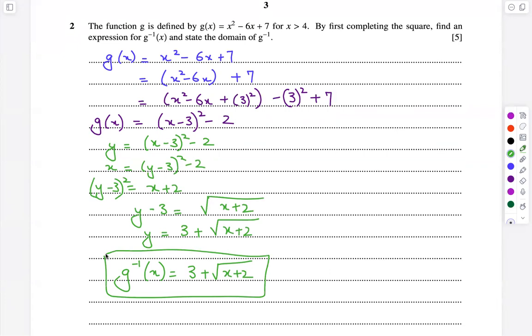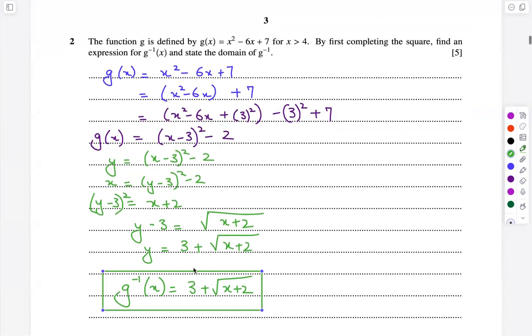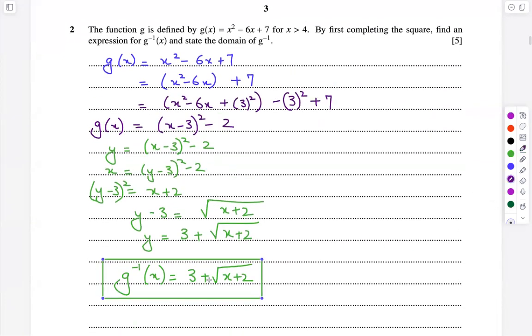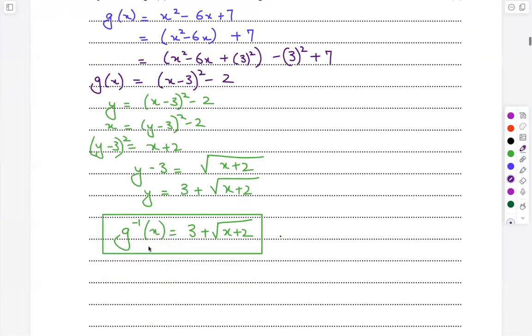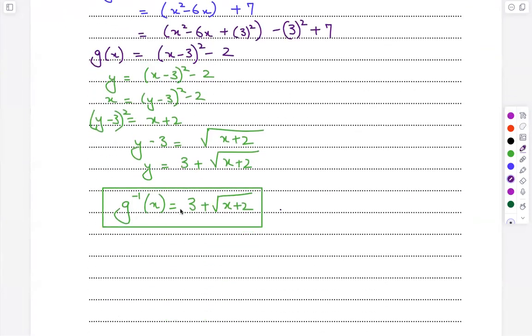Now, we also have to state the domain of g inverse, which means we have to find this x value. Whatever x value we take over here, this whole g inverse function must be greater than 4. As the domain of the original function g of x was x greater than 4, we need to find a value of x for which this whole function will be greater than 4.